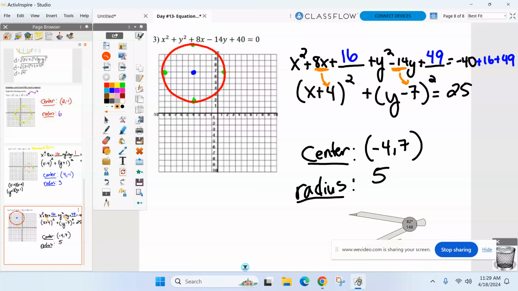Let's say I change this problem and I get rid of this positive 8x now, and you still have to put it into center radius form. Do you need to do completing the square on the x? No. What did we talk about? If it's just x squared by itself, what's going to be the x coordinate of the center? 0, yeah. So tonight, I think that's going to happen to you. I only need to complete the square once for the y's, because I already know my x coordinate is going to be 0. So just watch out for that tonight. How do I complete the square if there's nothing else with it? You don't have to, it's 0. All right, you're all good.